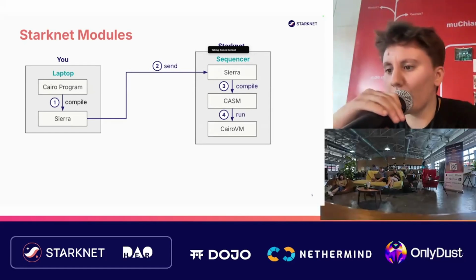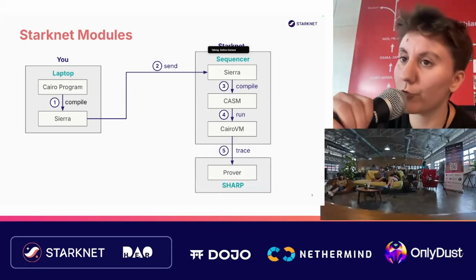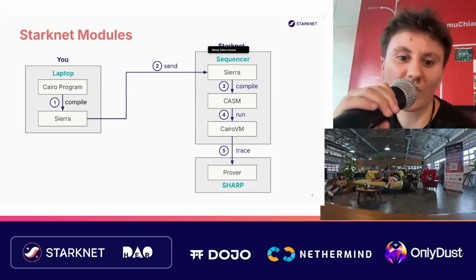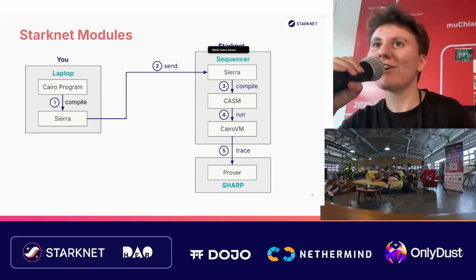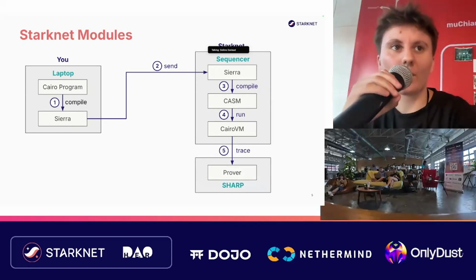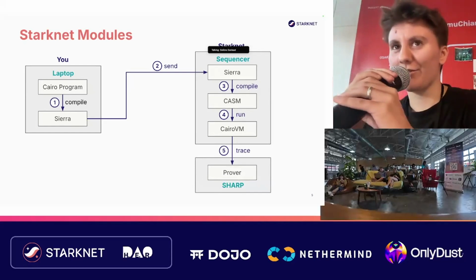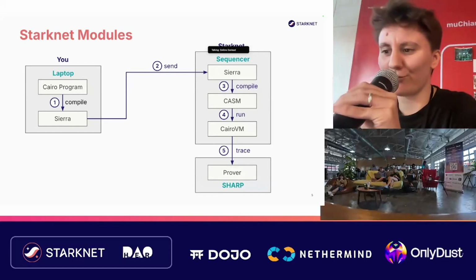And then we're gonna generate a trace that we're gonna send to the prover. So the prover is called H.E.R on Starknet, so it's like a shared prover. In fact, this one is shared with other protocols to be more performant, and that's why it's called a shared prover.